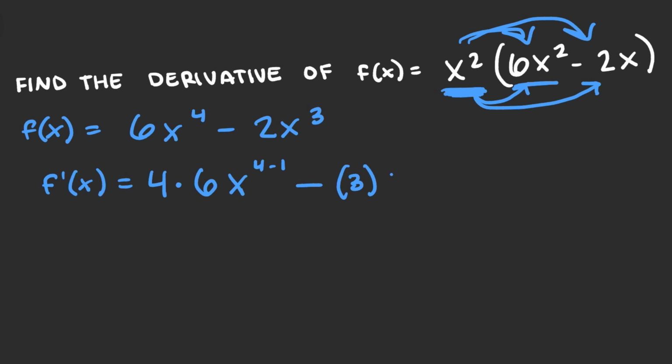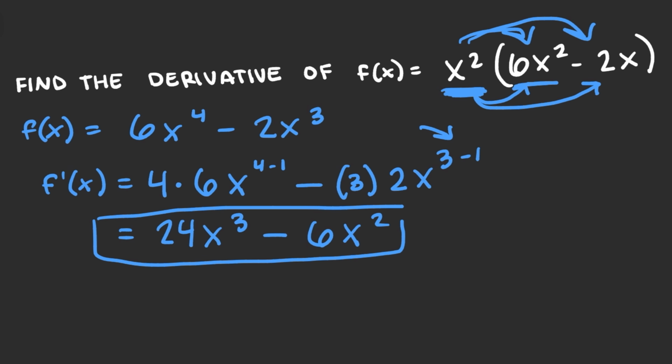So this is going to simplify to 6 times 4 is 24, 24x, 4 minus 1 would just give us 3. And then for our second term, negative 3 times 2 gives us 6x, and then our exponent 3 minus 1 equals 2. So the derivative of x squared times 6x squared minus 2x would be 24x cubed minus 6x squared.